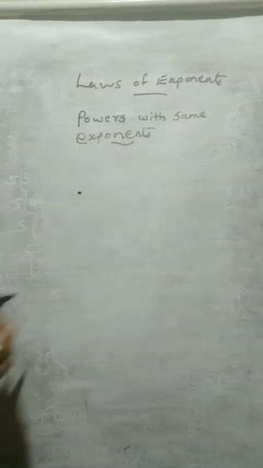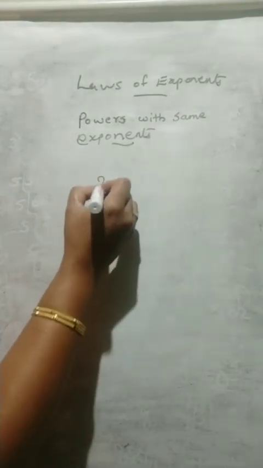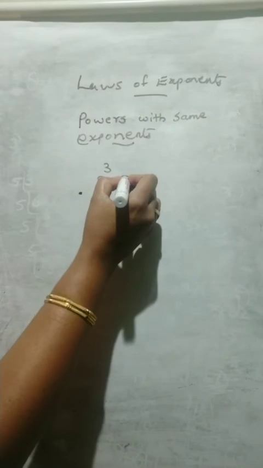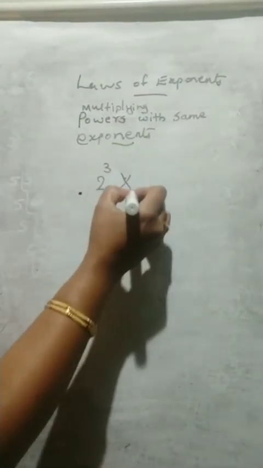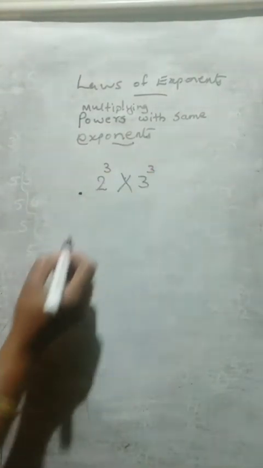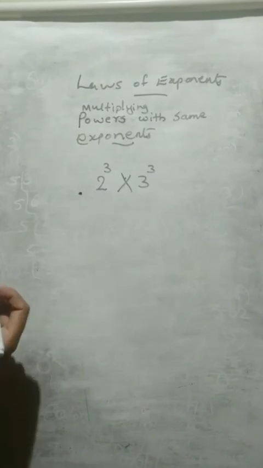Next, powers with the same exponents. That is 2 raised to 3 multiplied by 3 raised to 3. Multiplying powers with the same exponents. What is that?